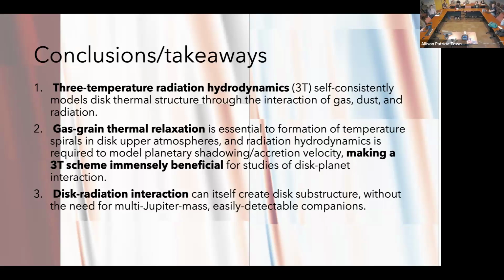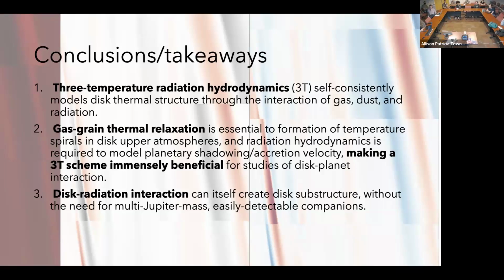And radiation hydrodynamics is needed if you want to include accretion luminosity from the planet and self-consistently model the transport of radiation from this one injection point. To account for both of these things, a three-temperature scheme is immensely helpful in studies of disk-planet interaction if you want to reproduce observations.